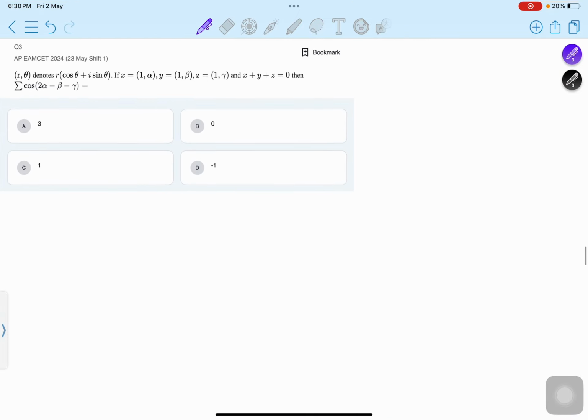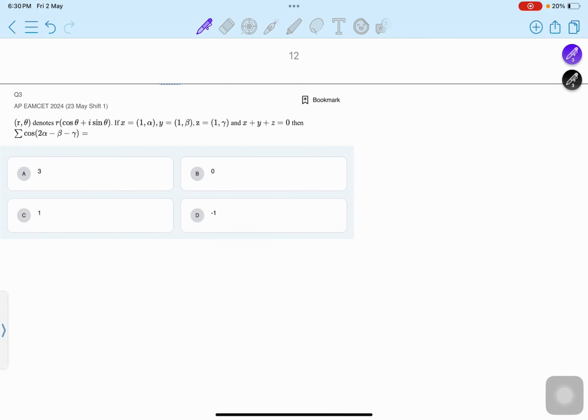Okay, next question is given that r, theta is denoted by r cos theta plus iota sin theta. Any equation like this, r cos theta plus iota sin theta, we can convert to r into e power iota theta, that is also possible, right?